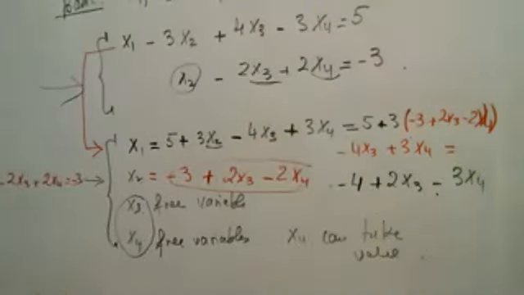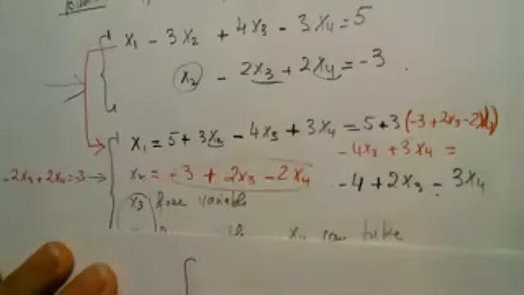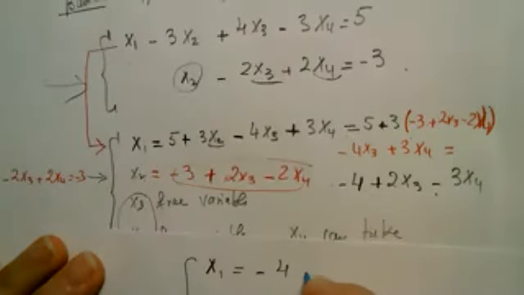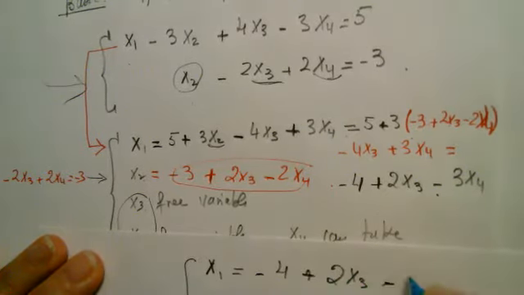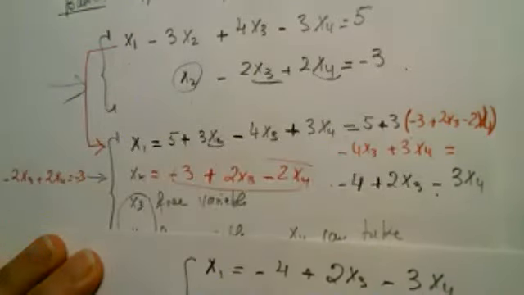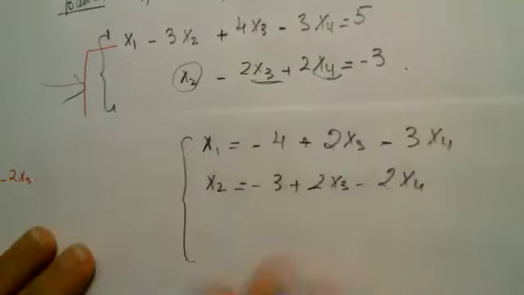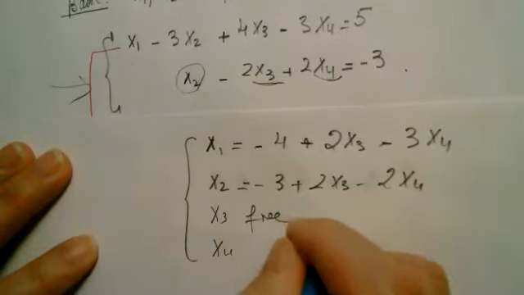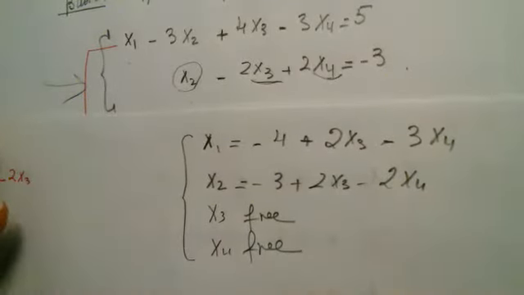So what's the solution now? Let's rewrite the solution properly. So now the solution is x1 is -4 plus 2x3 minus 3x4, x2 is -3 plus 2x3 minus 2x4, and x3, x4 are free variables. x3 is free, take any value you want. x4 is free, it means take any value you want.